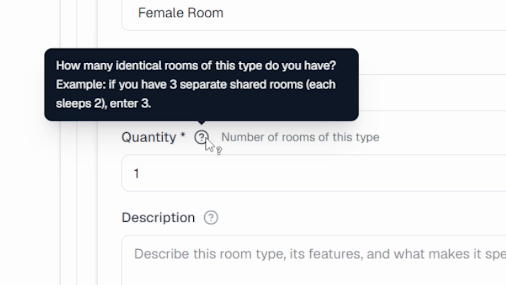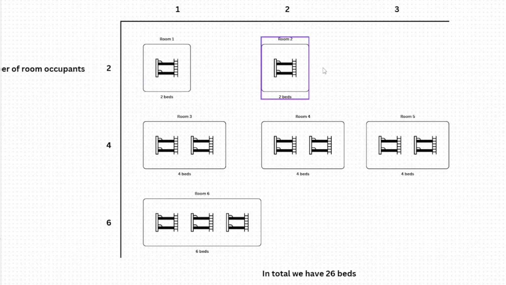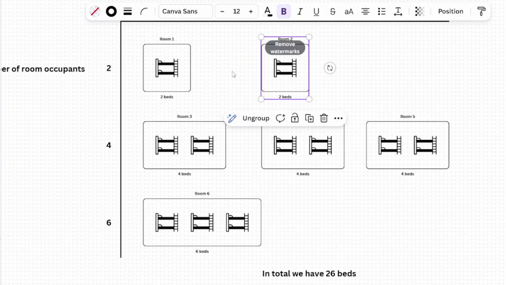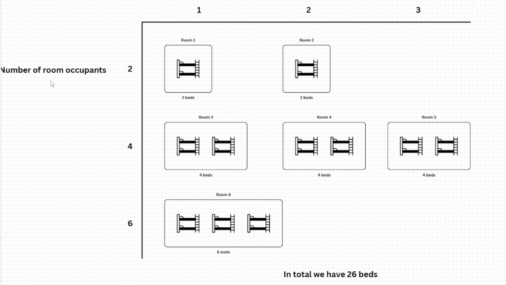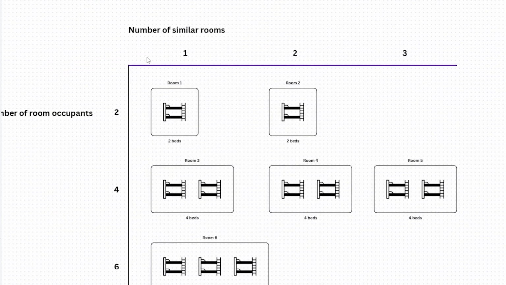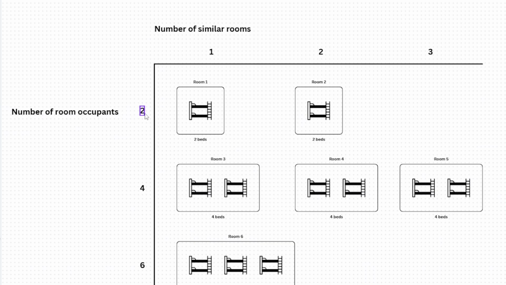Example, if you have 3 separate shared rooms, each which sleeps 2 people, then enter 3. So in our example over here, we have 2 rooms that sleep 2 people. So our number of occupants for these rooms were 2, and then we have 2 similar of them. So 1, 2. So these are 2 similar rooms of occupants 2. That means that our quantity for a room that sleeps 2 people is 2.